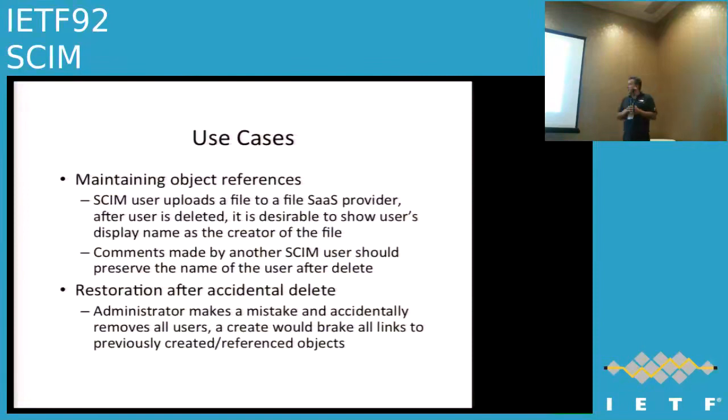And then the second part of it is restoration. In our implementation, we hit this with our very first deployment, which was our own IT department. Somebody accidentally wiped out a whole bunch of records out of Active Directory, and we had a connector that was sending stuff to the cloud.